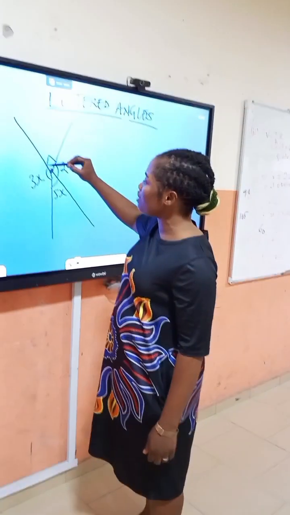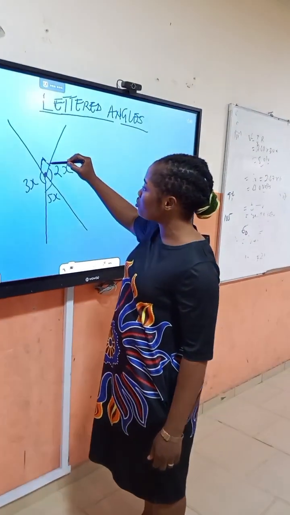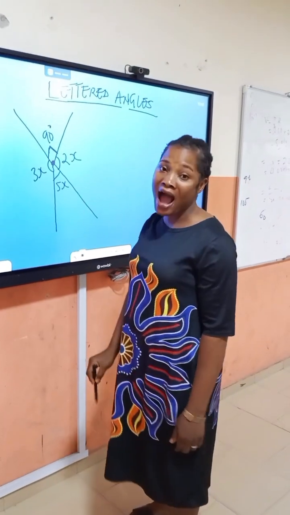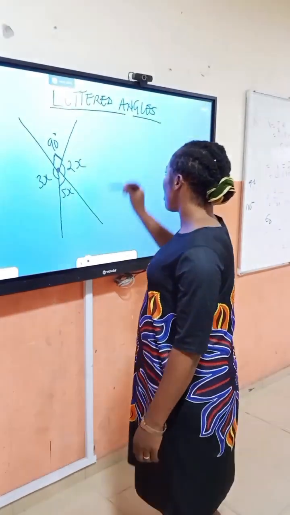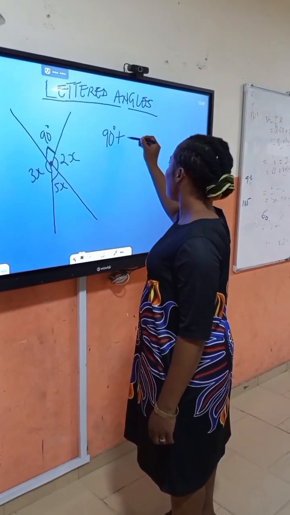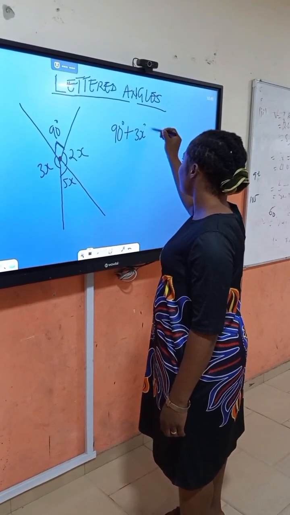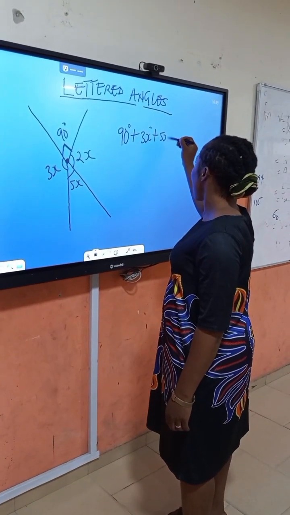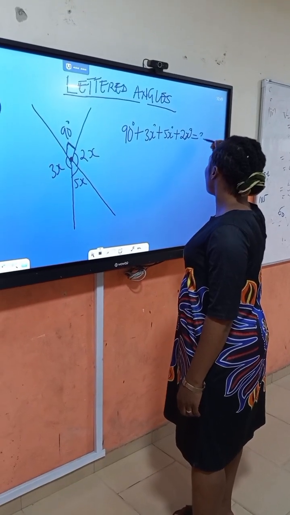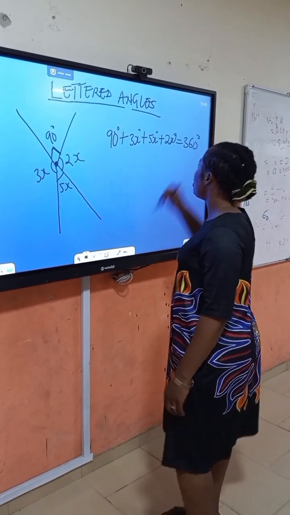This particular notation means that this is 90 degrees, a right angle. So we take it like this: 90 plus 3x degrees plus 5x degrees plus 2x degrees equal to 360 degrees.